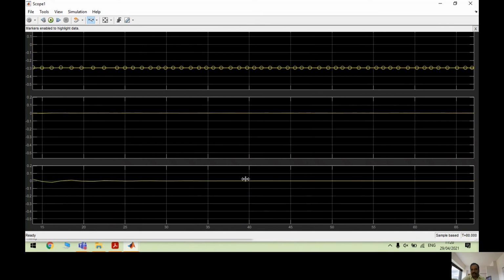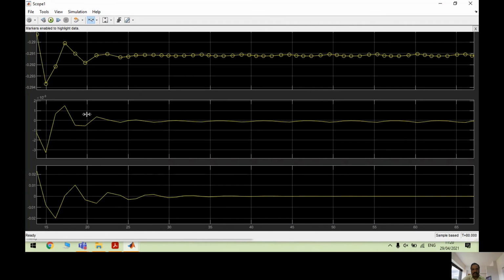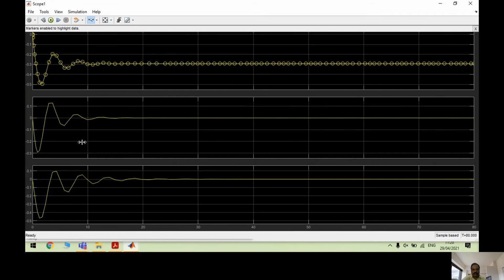But there are a few drawbacks of this one. One of the biggest drawbacks is, see, the transient is nearly 50%. Go with manual control, it is just only 30%. So this is the biggest drawback.